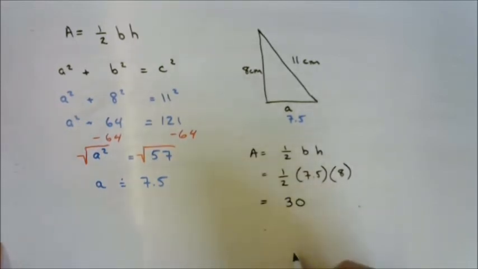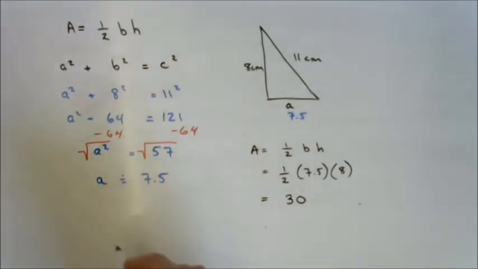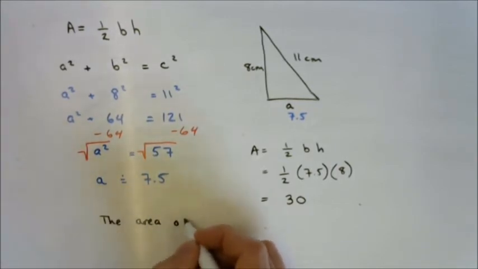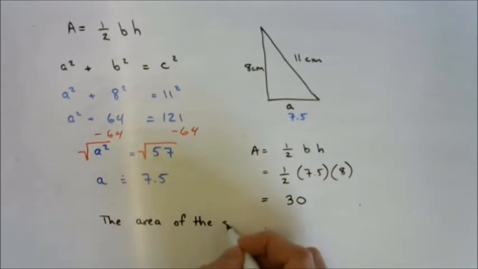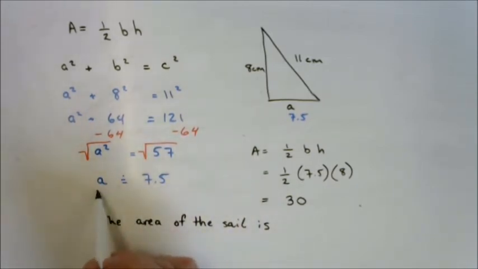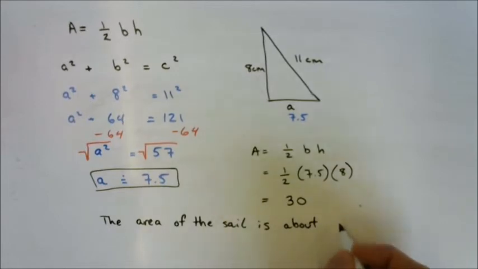Okay? Now when I write my sentence, I have to remember what I'm talking about. I go back to my question. It says calculate the area of the sail on the toy sailboat. So the area of the sail is, and I can't say it's exactly 30 because I actually rounded over here to get my base length, is about, or approximately, is about 30.